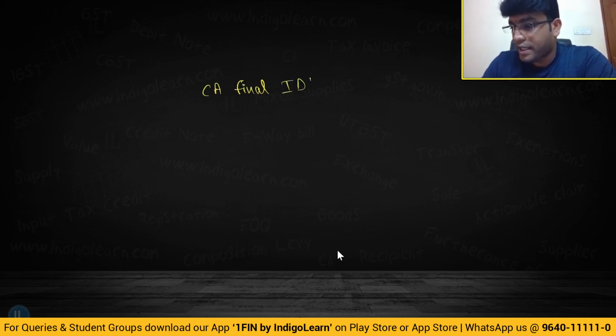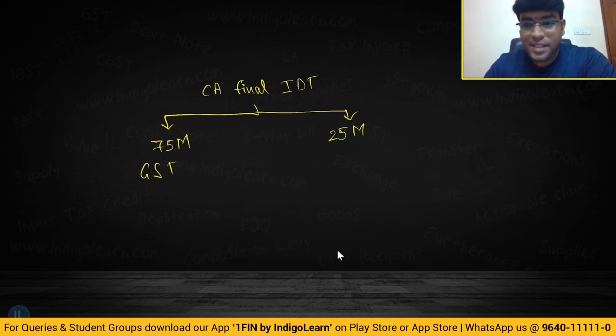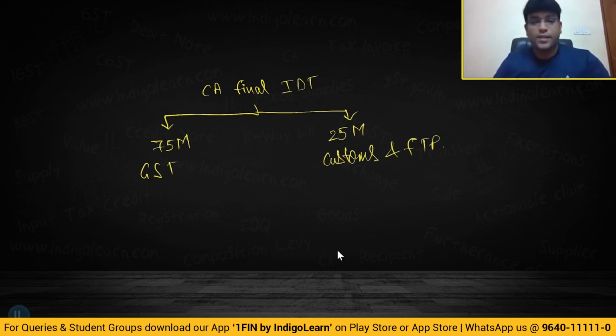When I talk about our CA final indirect taxes, as you all are aware, that's split into 75 marks and 25 marks. Wherein 75 marks is for your GST and 25 marks is for your customs. And of course, your FTP, which is in short known as foreign trade policy. Even that's slightly interesting and important.